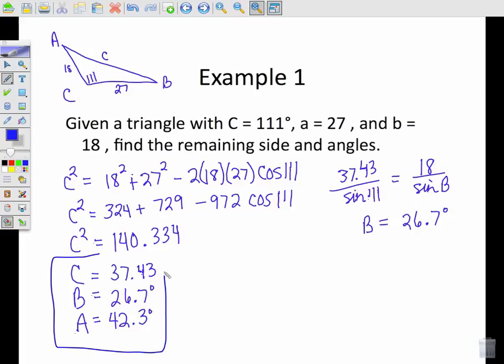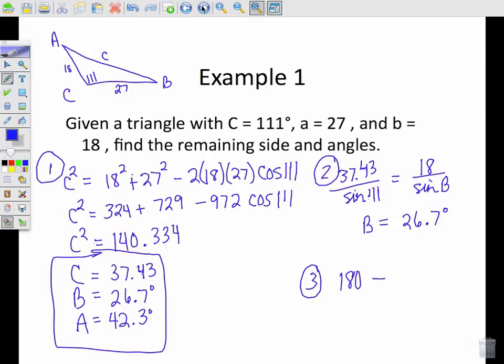So here's solving this triangle using our law of cosines equation. You do the law of cosines first, and then second, you do the law of sines, and then third, you do 180 minus the angles that we had.